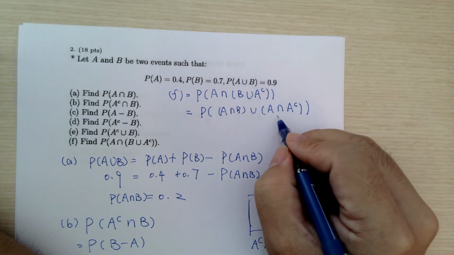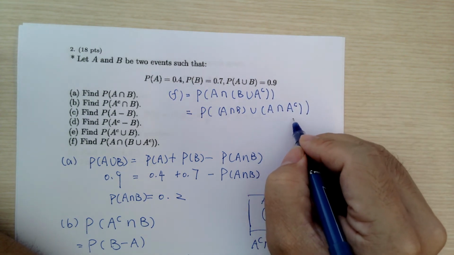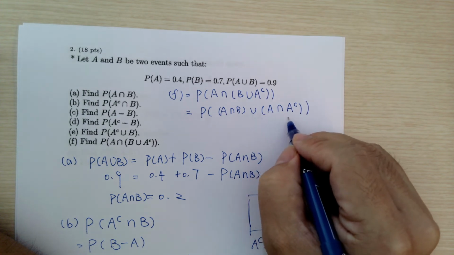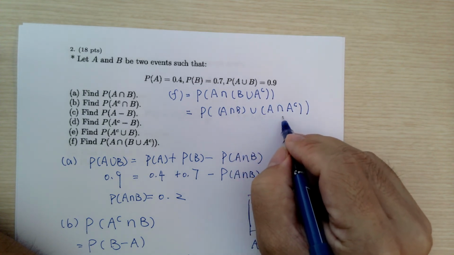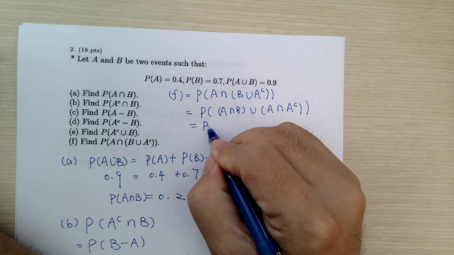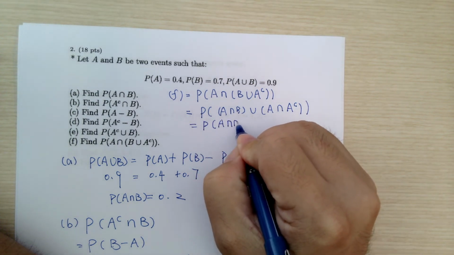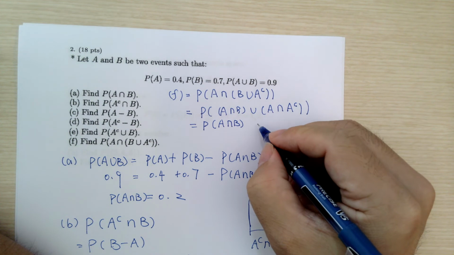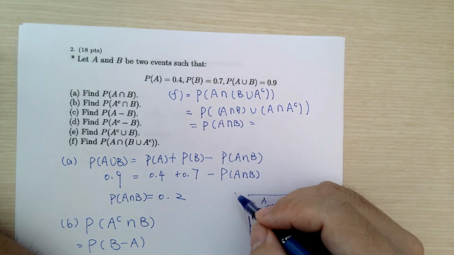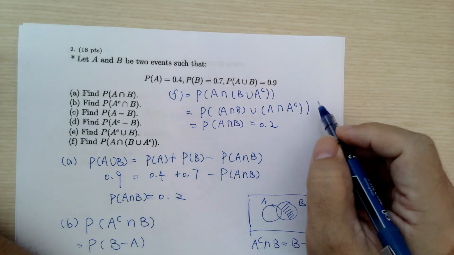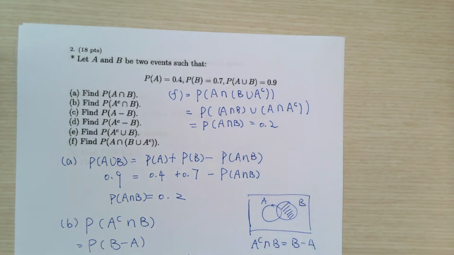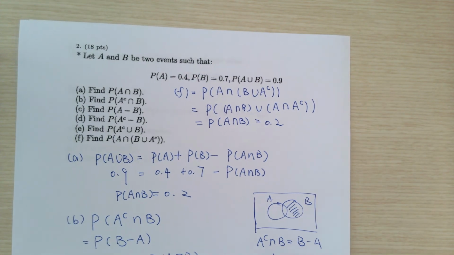But A intersect A complement is the empty set, and any set union the empty set is still itself. So it's just P of A intersect B, and we already know P(A intersect B) from part A, which equals 0.2.